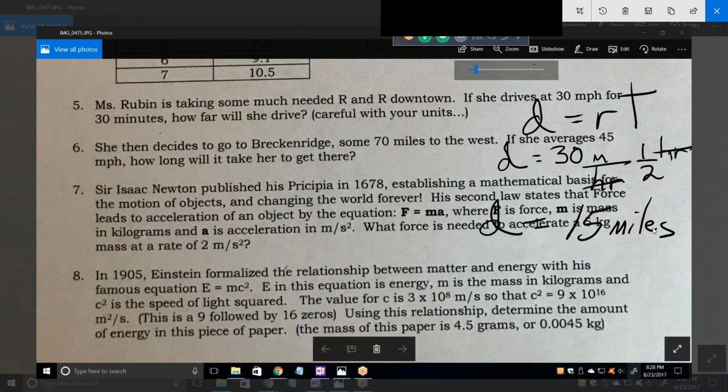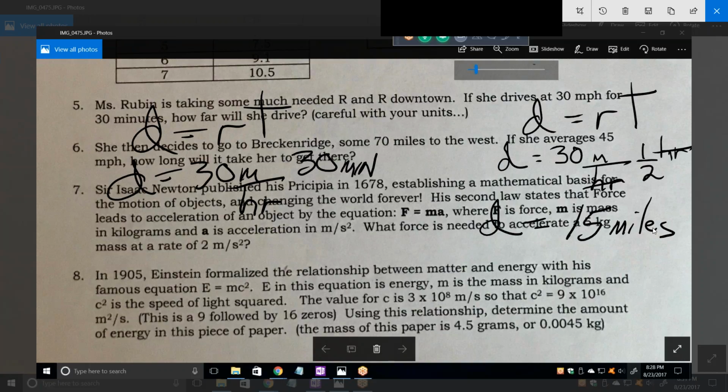In other words, I've got D equals RT, D equals 30 miles per hour times 30 minutes. That doesn't give me an answer. Nothing cancels.